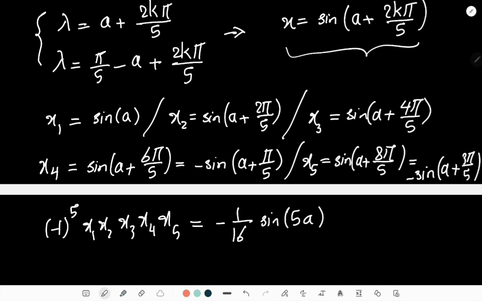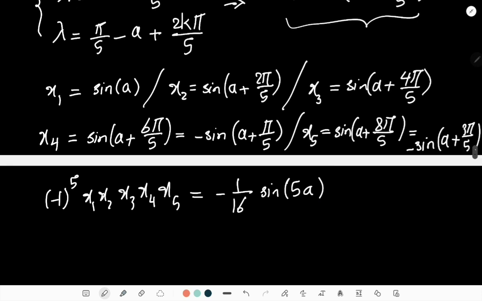But we also have some values for x1, x2, x3, x4, x5. And by the way, these minus will be cancelled here.